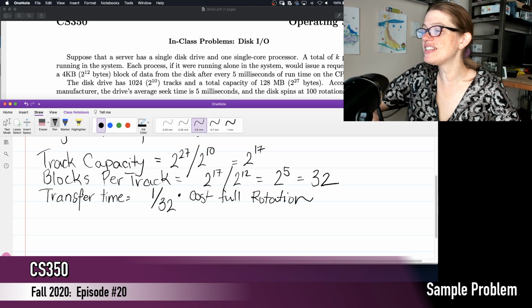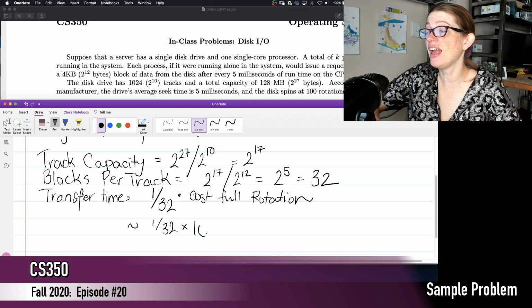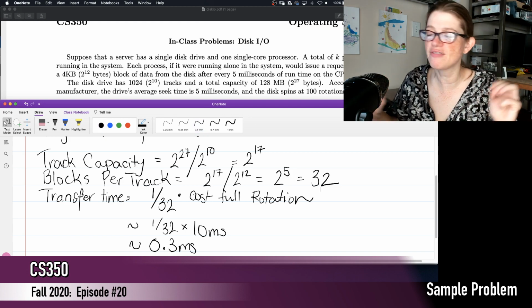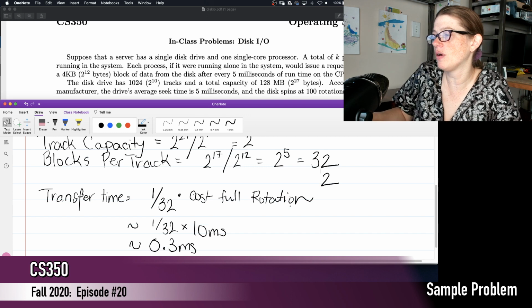So this is 1 over 32 times 10 milliseconds. We're going to say this is about 0.3 milliseconds. Now you can leave this in fractional form, that's fine. I'm putting it in decimal form because I'm lazy.